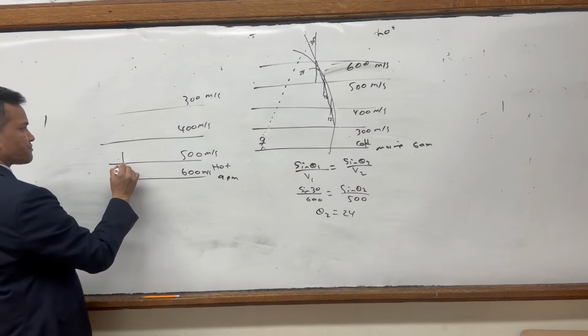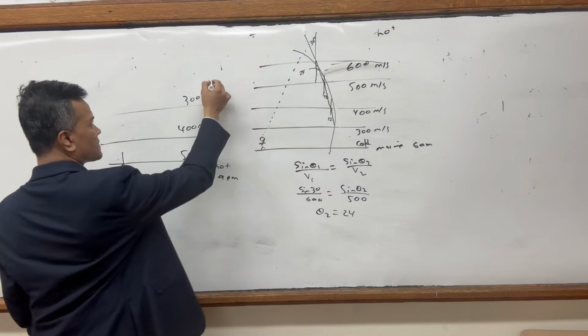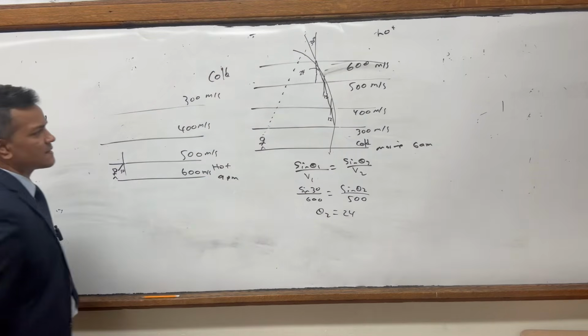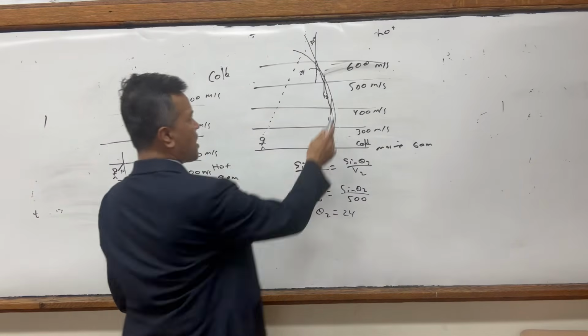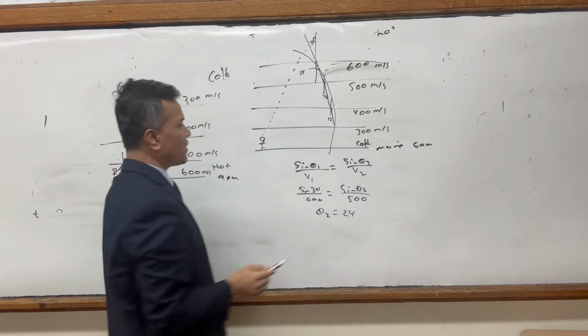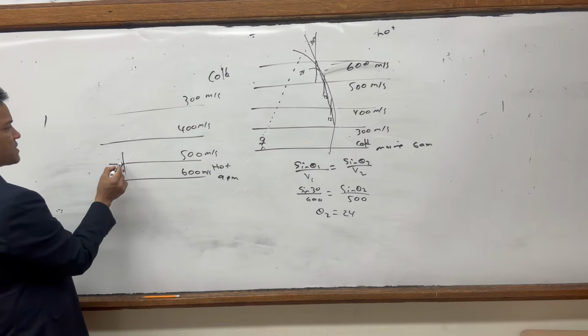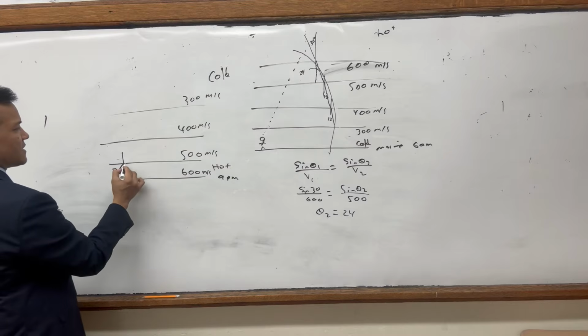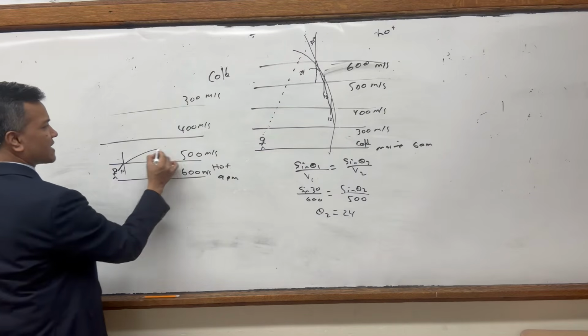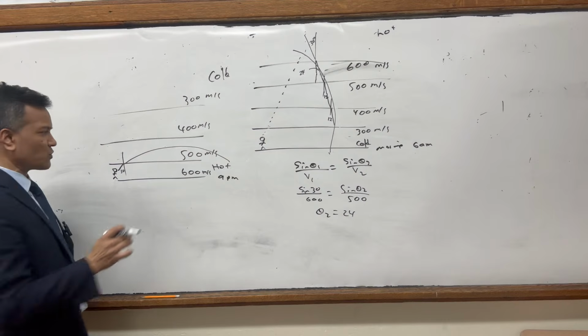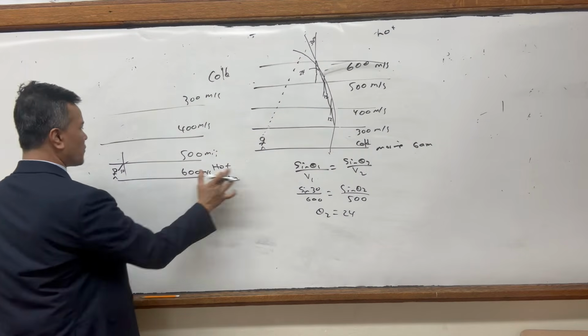So if this is hot, this is cold, right? So this one is bending from hot to cold. Now this one is going to bend from where? This one is going to go in this direction. It's not going to go in the x direction like that. It's going to go in the y direction.